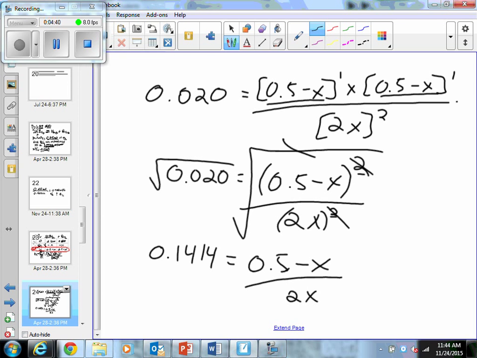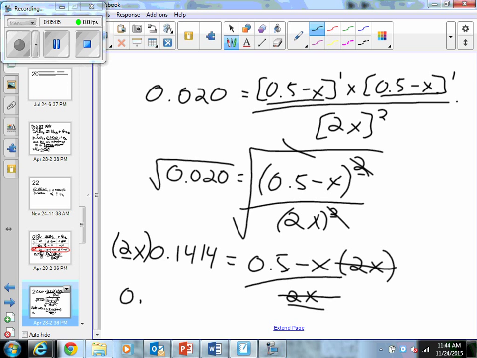Okay. Now if I'm trying to solve for X here, my first step is I don't want to have any X's in the denominator anywhere, so let's multiply to bring the 2X up to the other side. Okay, this will cancel on this side. 2X times 0.1414, so we have to multiply 2 times 0.1414.